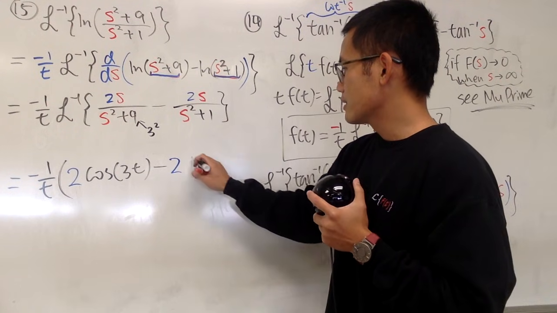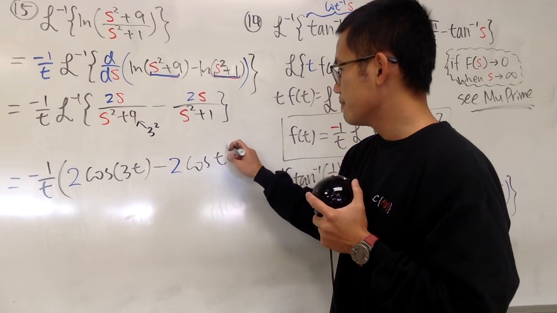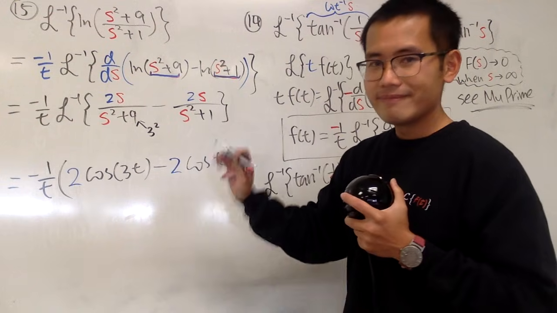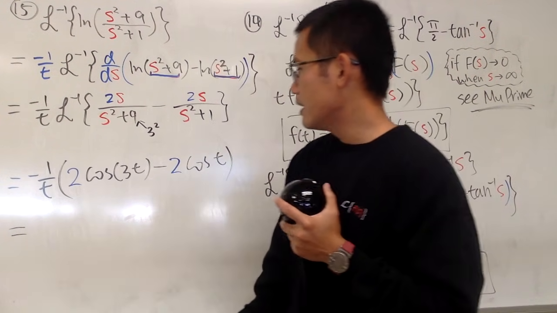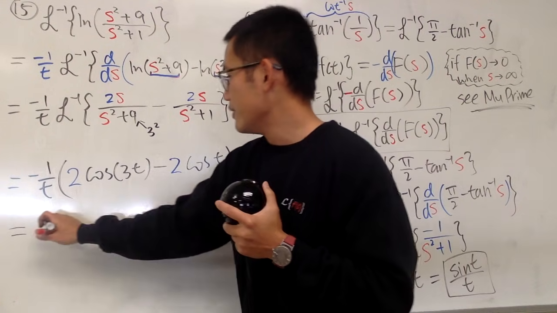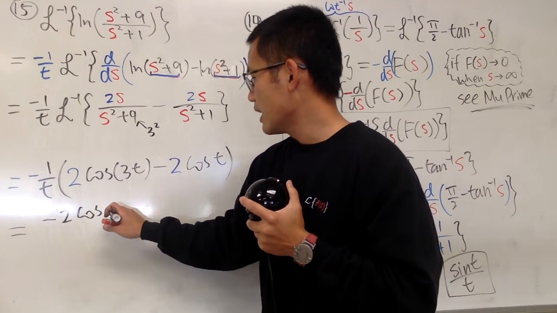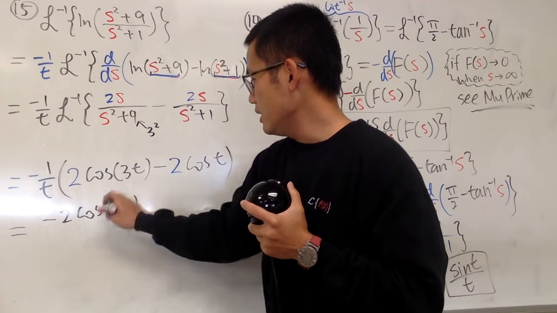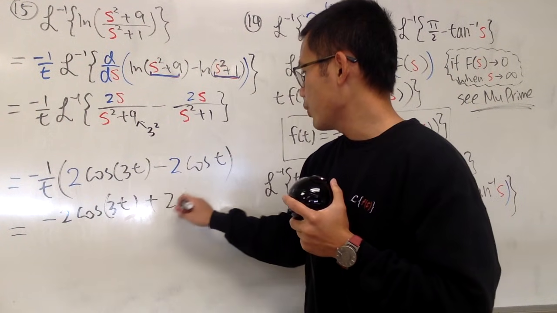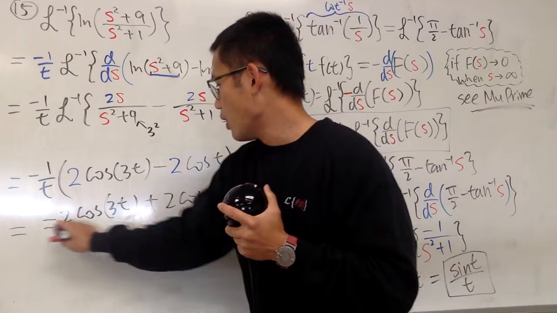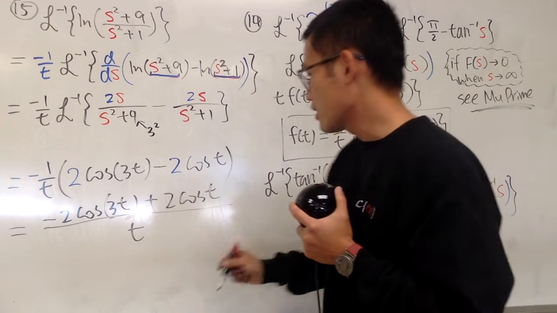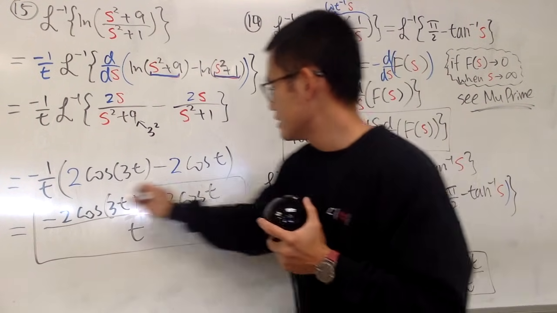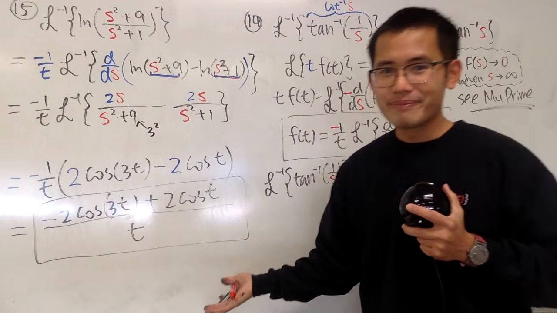This is just cosine t. Done. And then distribute if you would like. So you get negative 2 cosine 3t plus 2 cosine t all over t, like that. And we are done. All right, so that's it.